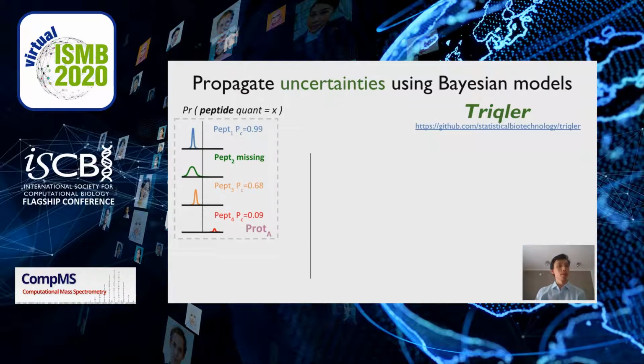So as I said, we don't set any thresholds, but instead we propagate the uncertainties using a Bayesian model. And for this, we use a package we have developed previously called Trickler. And here we input not only the peptide quantifications, but also, for example, the confidence we have that the match was correct between different runs, or that the PSM was actually correct.